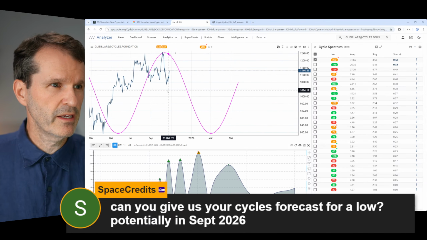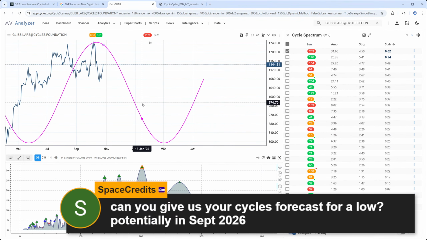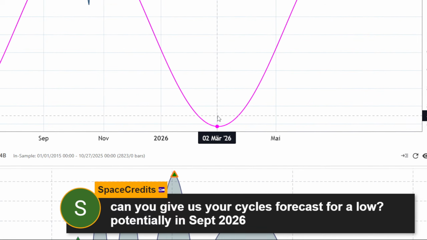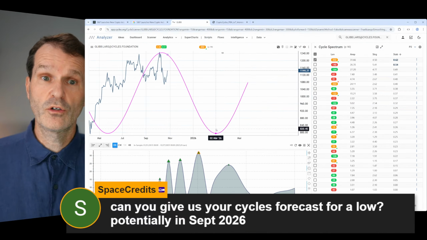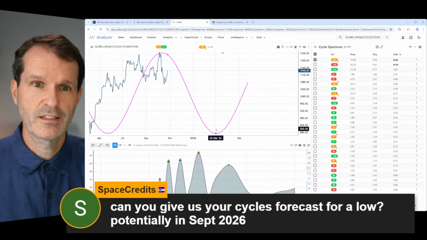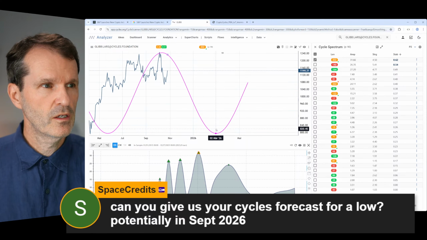So that's the timing, that's the current timing here we see on the chart. So the short-term cycle of the Bitcoin basket currently projects the next bottom to arrive somewhere March 2026.